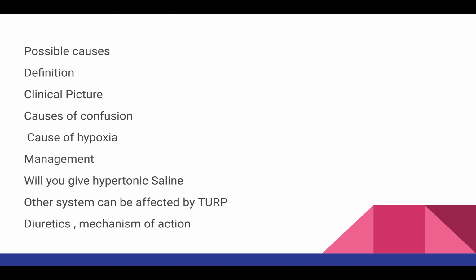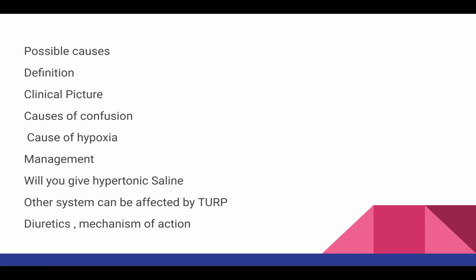Okay. So can you tell me what diuretics are and what their general classification is? Diuretics help in removal of fluid from the body by acting on the kidneys. There are three types of diuretics.